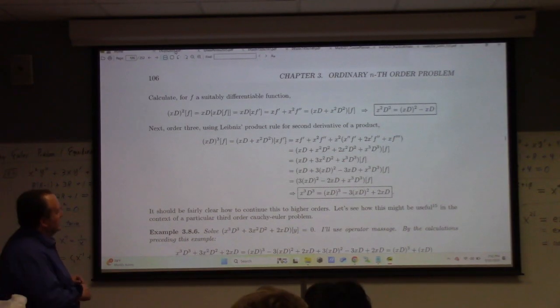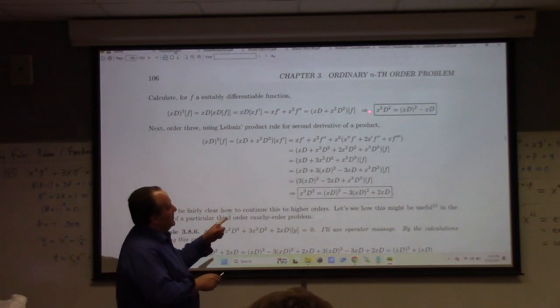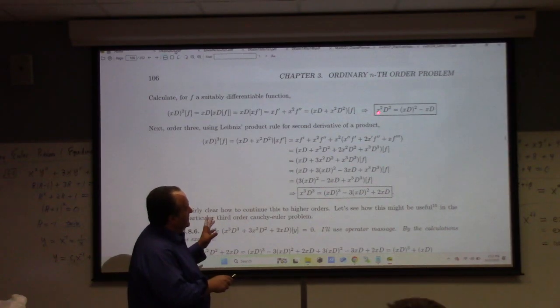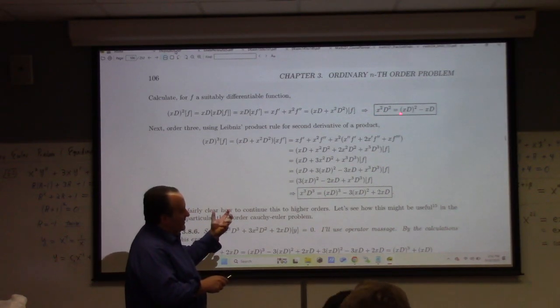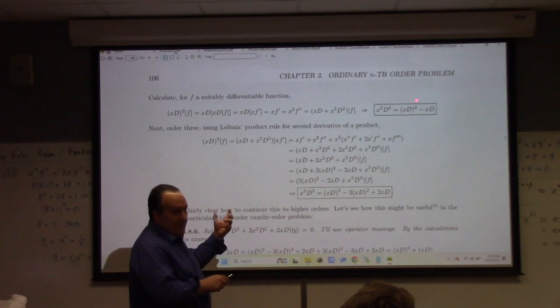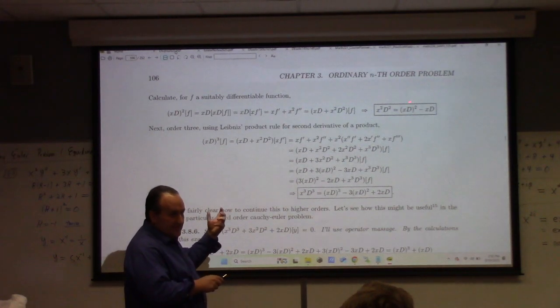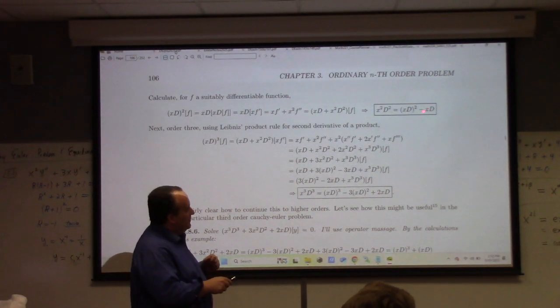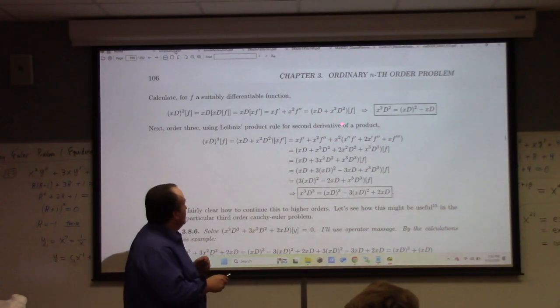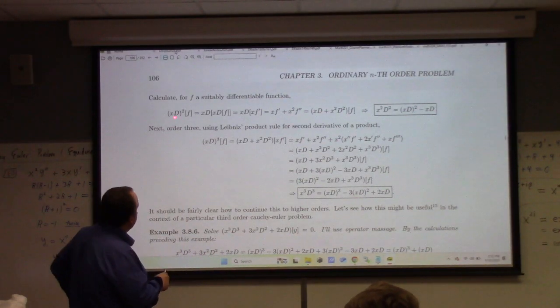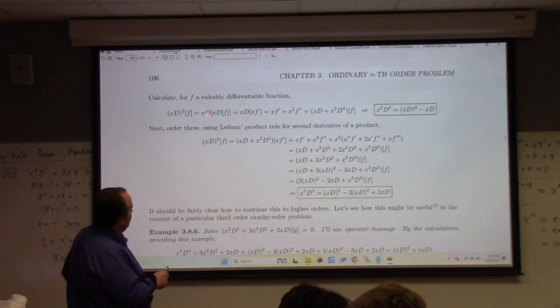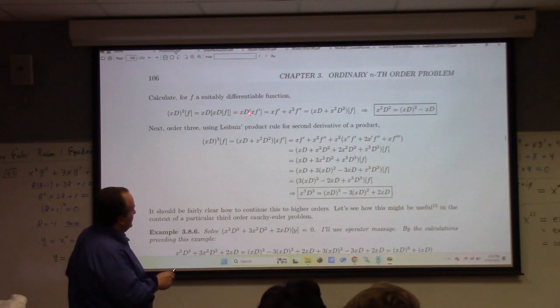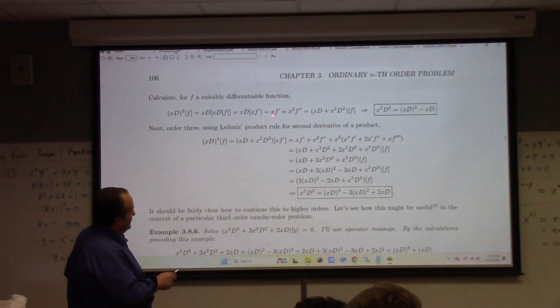Oh, here, this is what I was looking for. The x squared D squared operator is actually the same operator as xD operating twice, one after the other, minus the xD operator. That's what this calculation shows. If we take xD times xD acting on f, that's xD of xf prime, which when I differentiate with the product rule gives me x times f prime, because the derivative of x is 1.